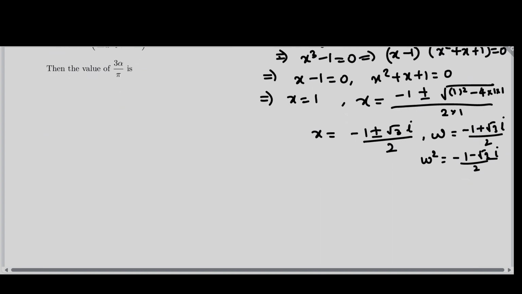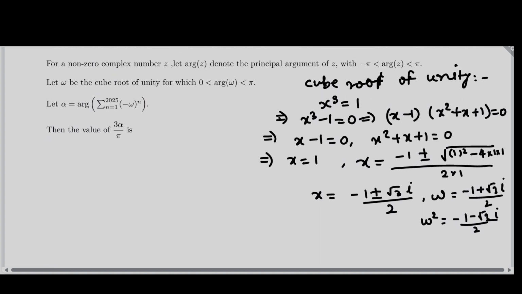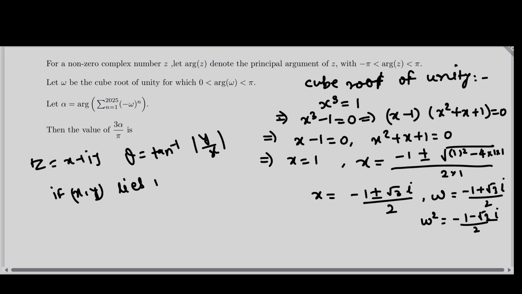Also, the principal argument: if z is equal to x plus iota y and theta is equal to tan inverse of mod y over x, then if (x, y) lies in the first quadrant, the argument of z is theta.